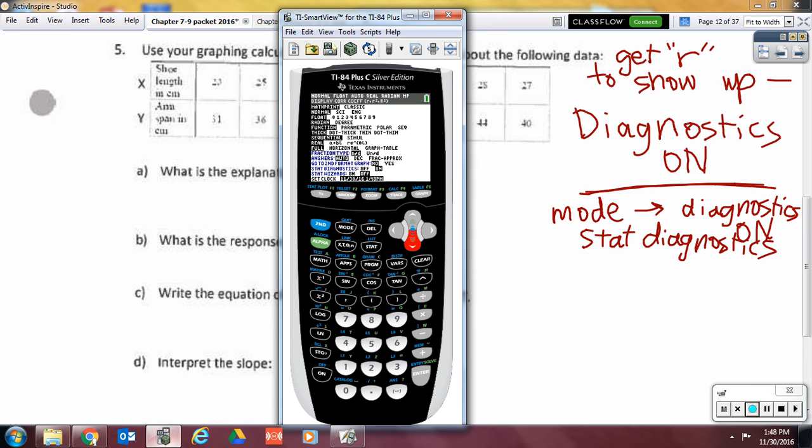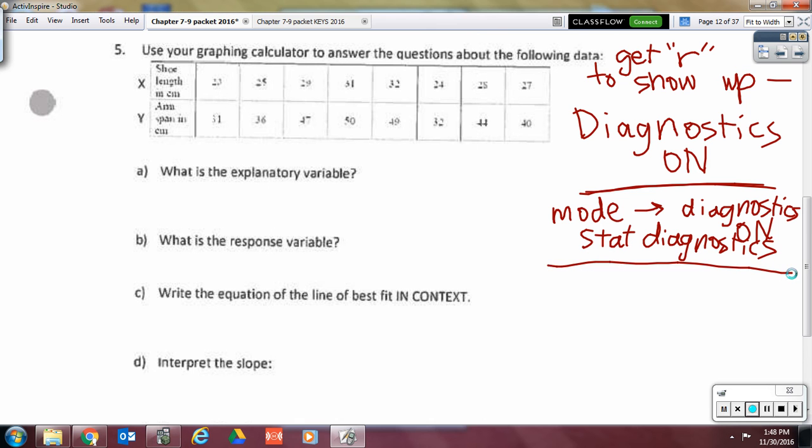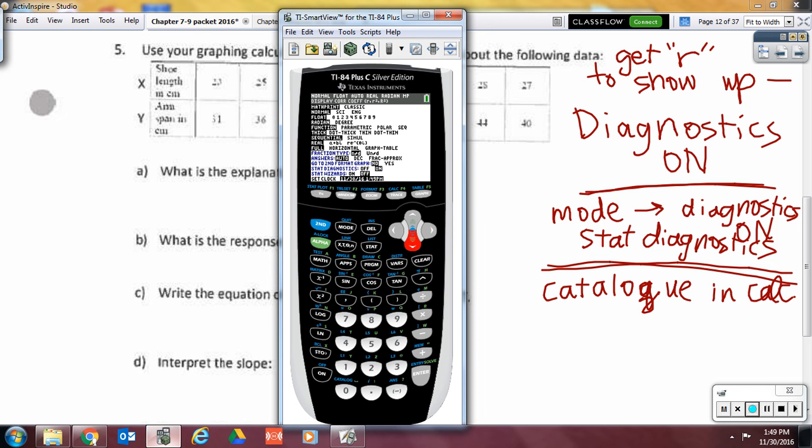Okay, I need everybody though to learn this other way in case you get stuck with an old calculator. The other way is to go to the catalog in the calculator. The catalog in the calculator gives you everything in the entire calculator in alphabetical order.